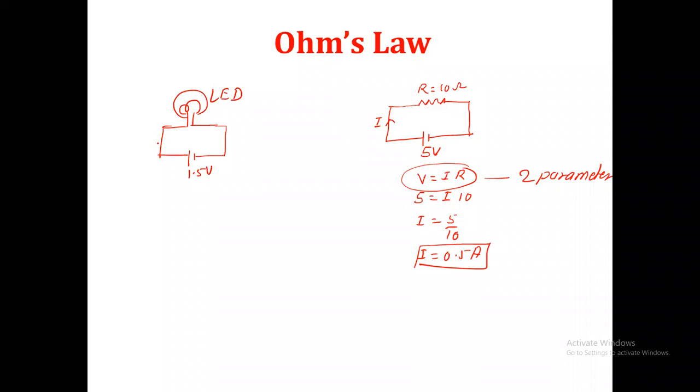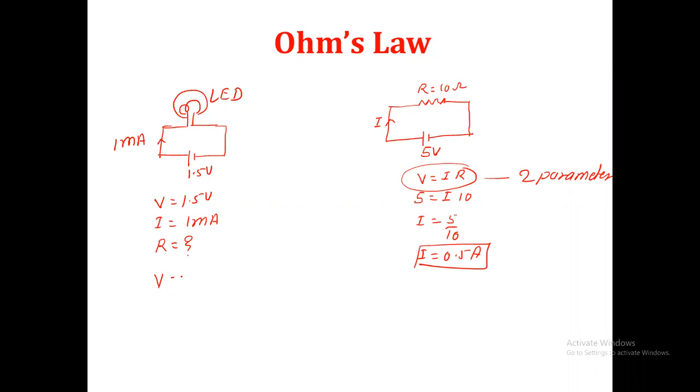And the current flowing through that LED is 1 milliampere. So my question is, can you calculate the resistance of that LED? What you know? Applied voltage, you know that 1.5 volt. What you know? The current flowing through that LED, you know that 1 milliampere. Then what you have to calculate? The resistance of that LED you have to calculate.